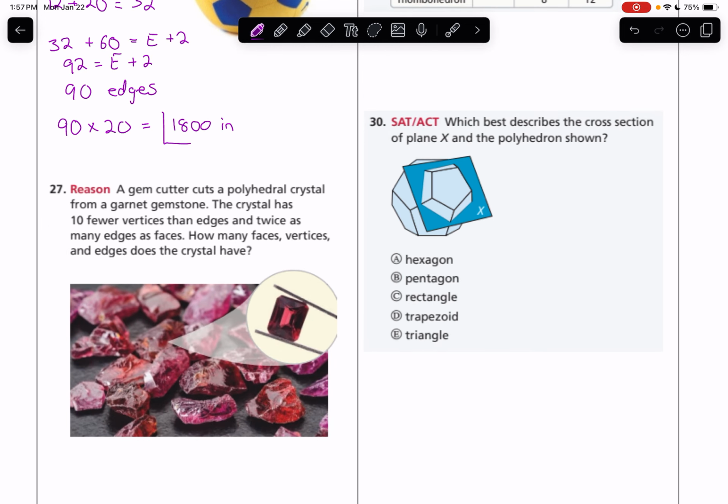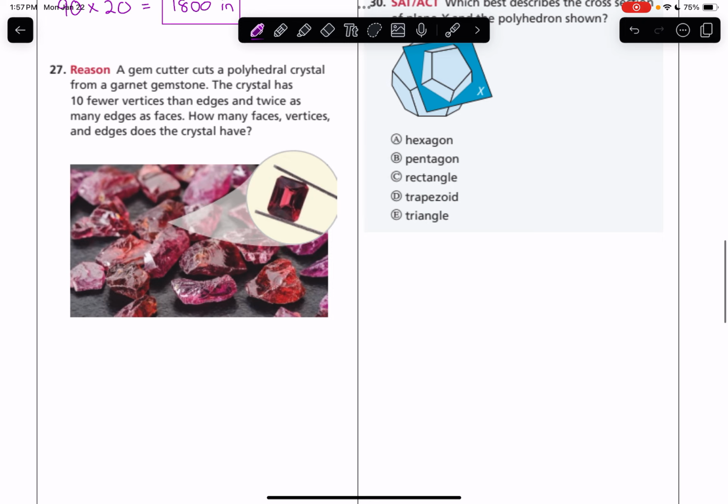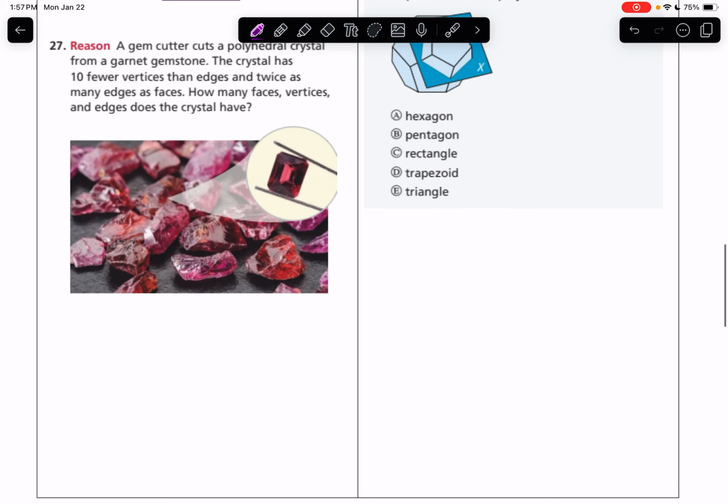Number 27. A gem cutter cuts a polyhedral crystal from a garnet stone. The crystal has 10 fewer vertices than edges and twice as many edges as faces. How many faces, vertices, and edges does the crystal have? So, of course, we know that the formula is faces plus vertices equals edges plus 2, which means then we can change these things. The number of edges is based on the number of faces, and the number of vertices is based on the number of edges.